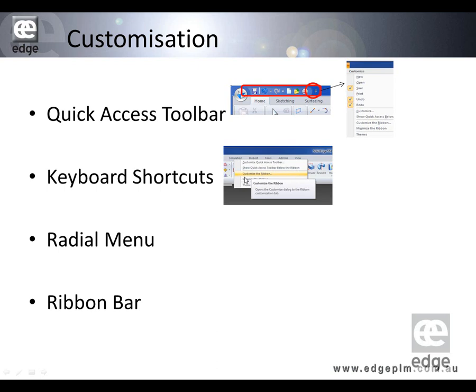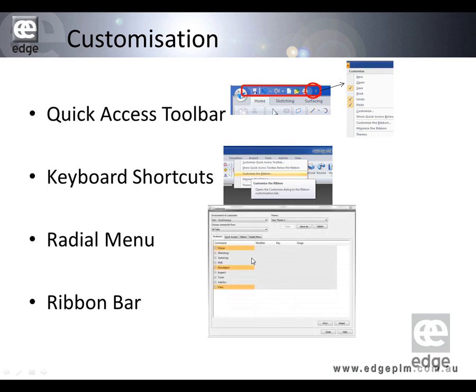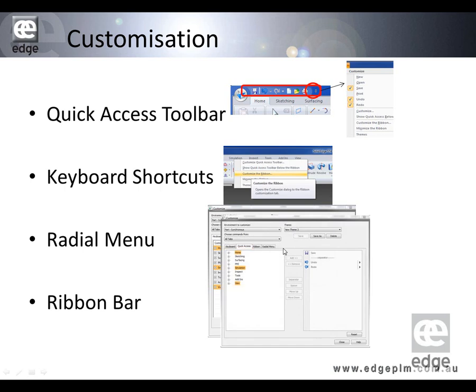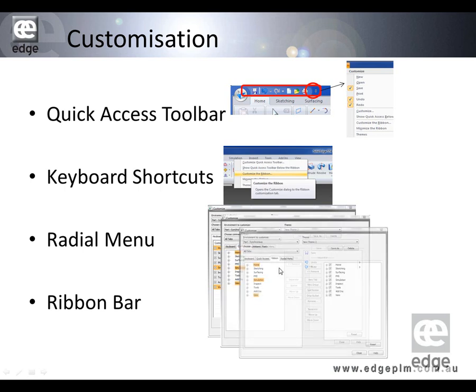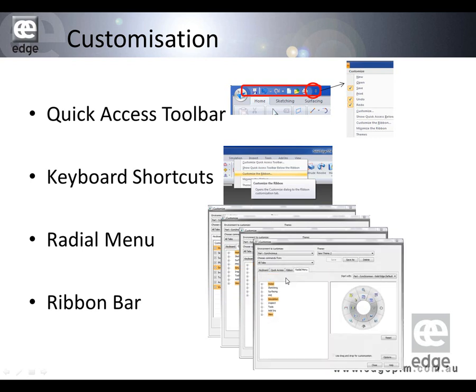So I've clicked here and I've said customize the ribbon, and it gives me a customization menu. What will come up is the customize screen, and from here I can customize the keyboard, the quick access menu, the ribbon bar itself, the main ribbon bar, and finally the radial menu. So this is how we get to all of those.